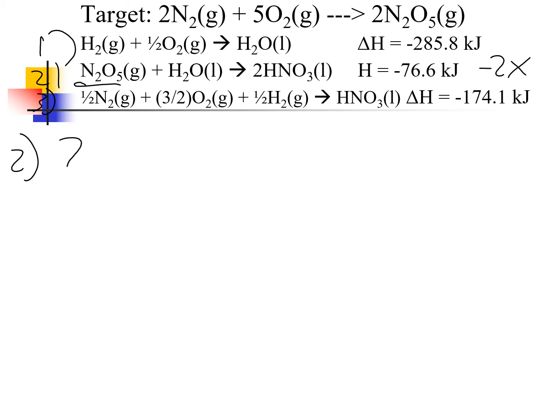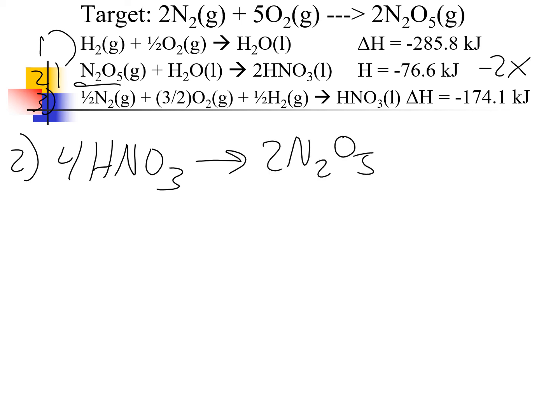So we would get 4 HNO3 goes to 2N2O5 plus 2 waters. Now in this case, the only water we have is liquid, so I'm not being too careful with the states of matter.